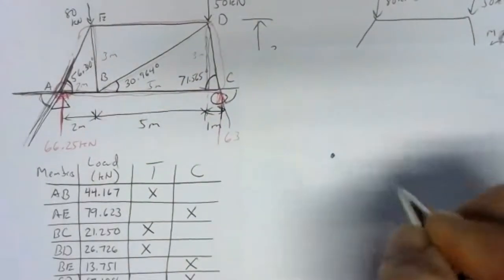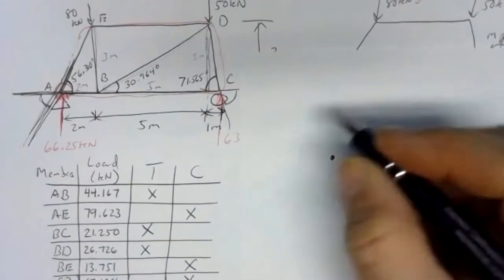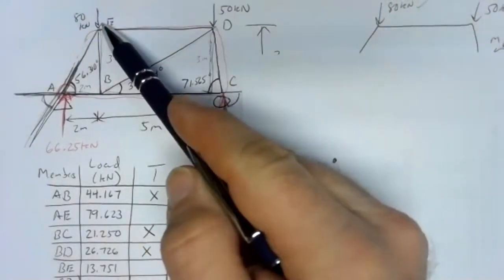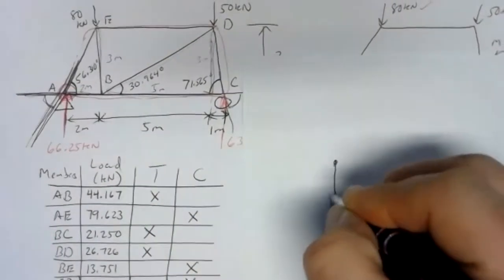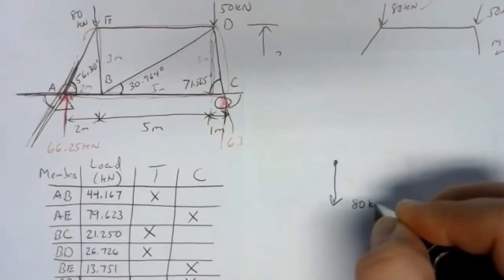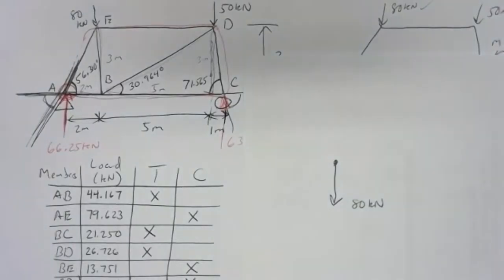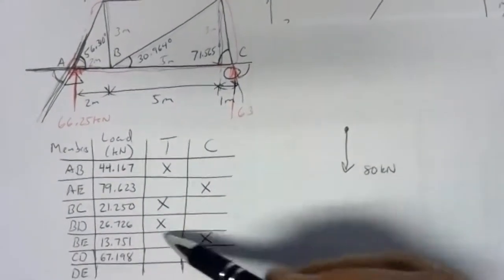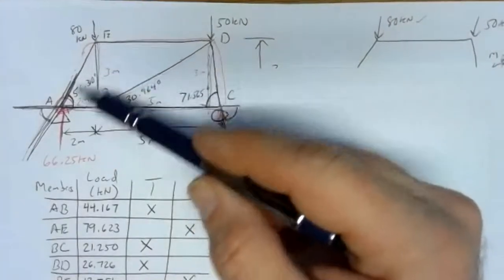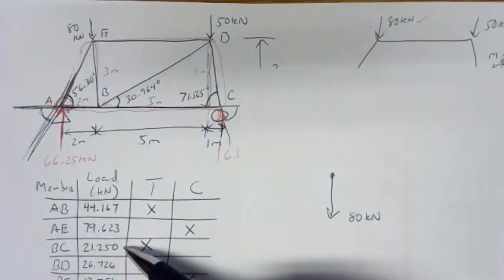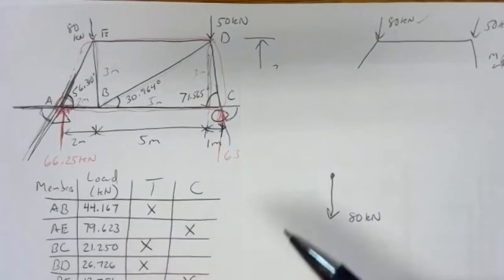So joint E right there. Start with what we absolutely know, this 80 kilonewton force downward. So we'll put the 80 kilonewton force in. Now we'll start with what we know from the table. We know member AE. Now member AE is, according to our chart, in compression.